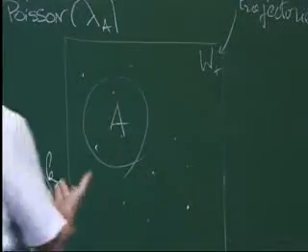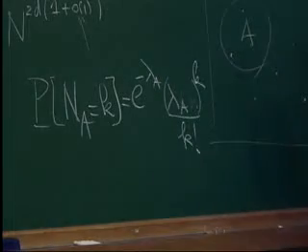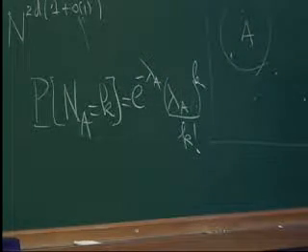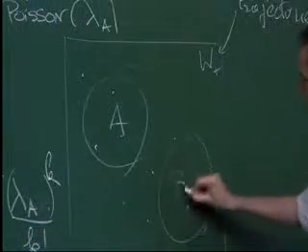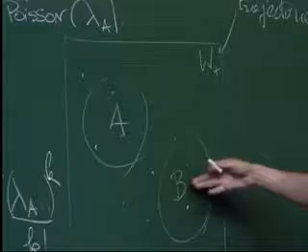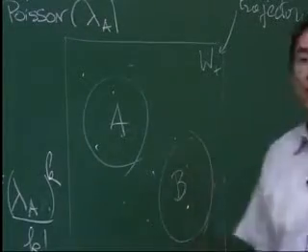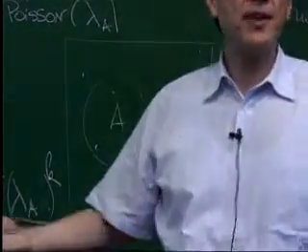Now, the other thing which this kind of distribution has as important property is that it's very simple in the sense that if I take another region B which is disconnected from A, well, what happens in A and B is independent.